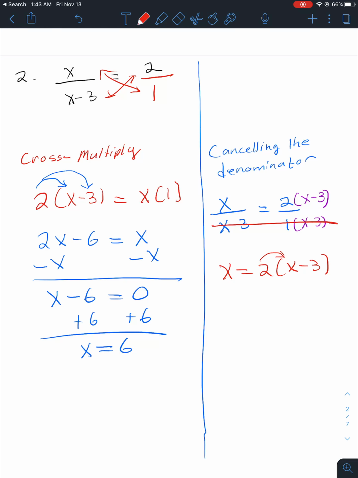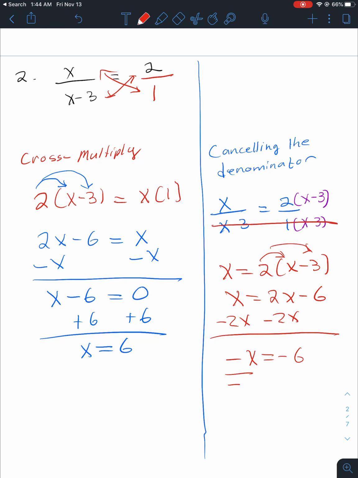But when you do this, you're going to get the exact same thing. I'm not actually going to finish the rest of this problem. Well, I might as well. I'll subtract 2x, get negative x equals negative 6, and then divide by negative 1, and I'll get 6, which are both the same. Once again, I want you to determine which one you think is better. In this case, I think both of them work equally well here.